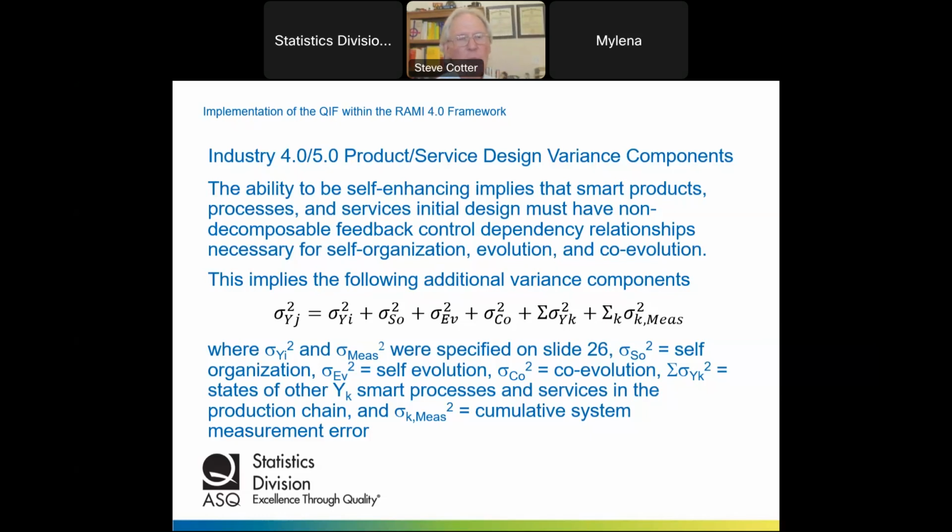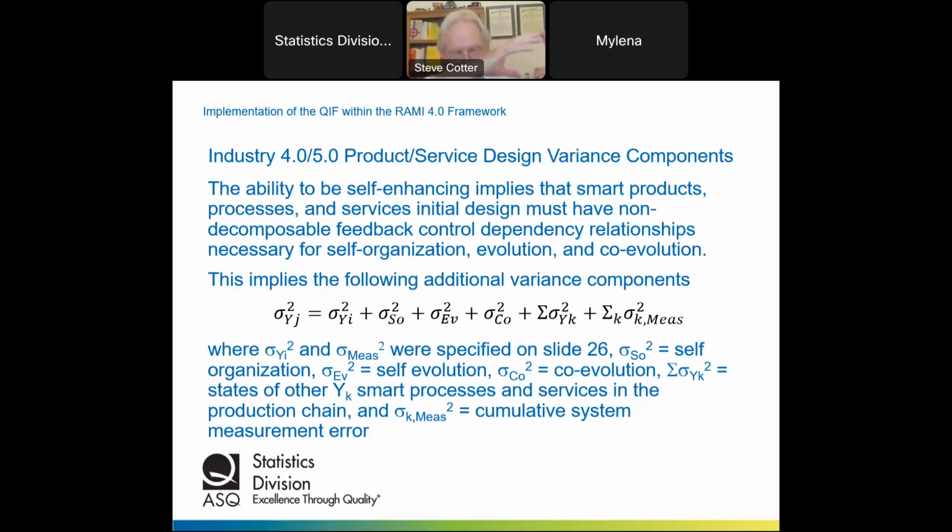And then the sigma square K measurement is the cumulative measurement error in that IoT interconnected, horizontally and vertically interconnected measurement system. This is where I came onto the problem that's being worked in calibration systems. That is the sigma square sub K mean measurement error.